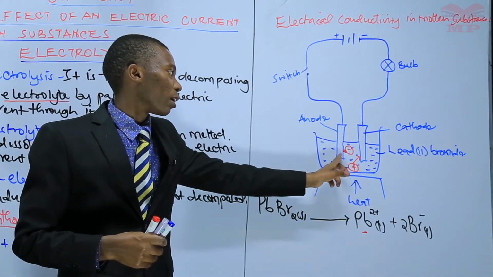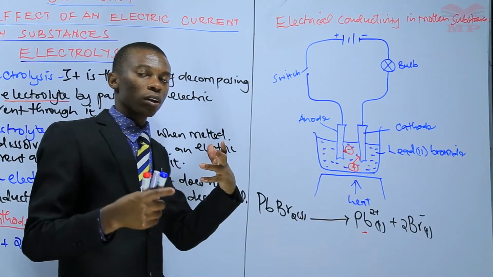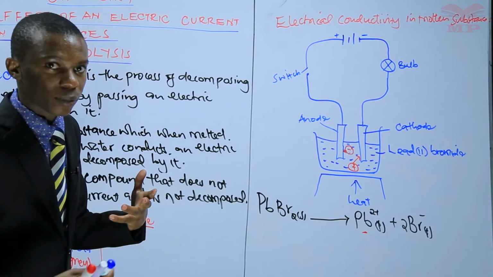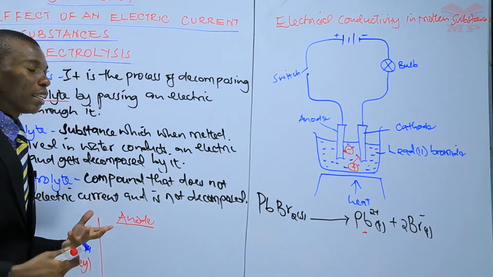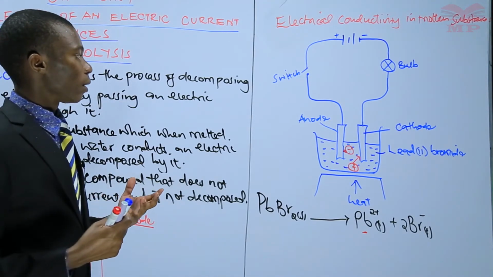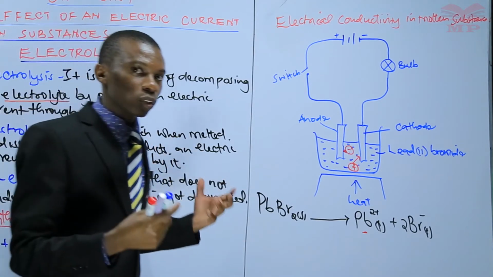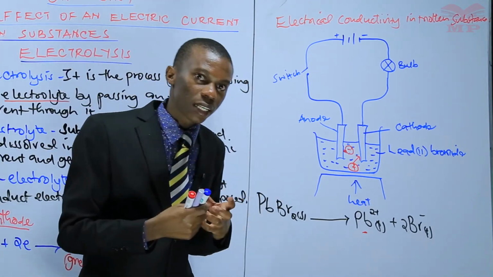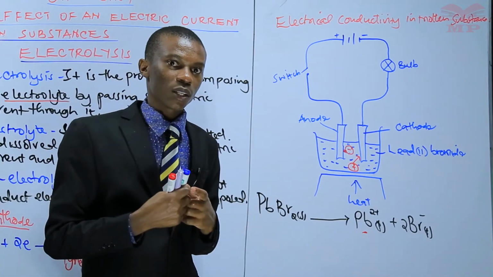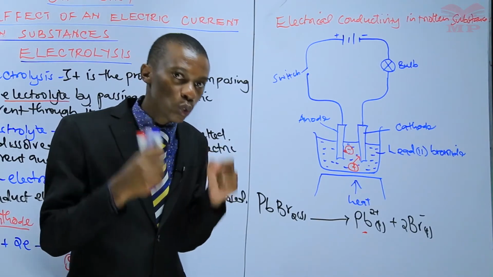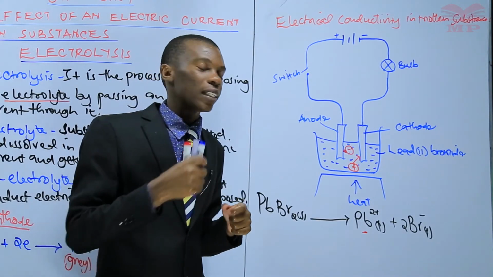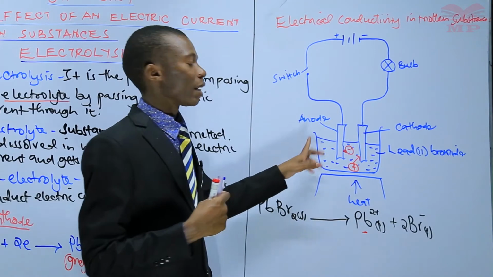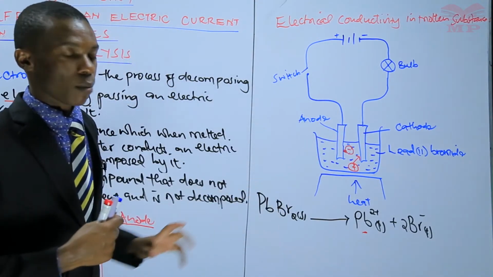And this red vapor is because of bromine being deposited. Therefore, what happens at the anode? The bromide ions lose electrons. Bromide ions lose electrons, and it's now deposited as a red vapor or a red bromine gas.